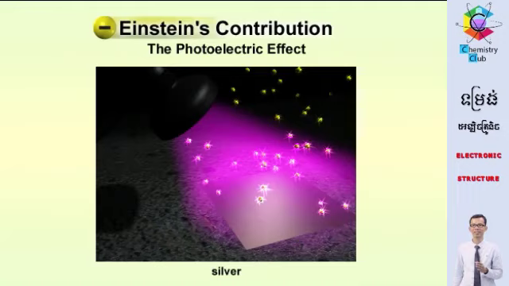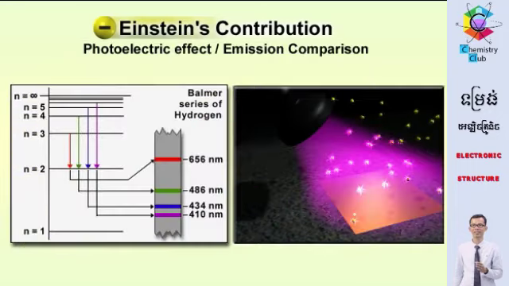This was, in essence, the reverse of spectroscopic observations of light emission. Instead of electronic transitions producing light, light produced electronic transitions. Einstein even used Planck's equation, E equals h times nu, to quantify his results.